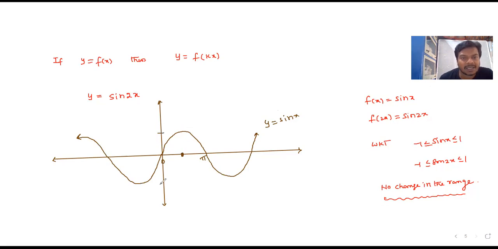But the range is same, right? Here 0. By substituting minus pi by 2, sine of minus pi becomes 0. 3 pi by 2 if you write as x value, 2 gets cancelled, sine 3 pi again becomes 0. At 0 also 0. So in the same range from minus 1 to 1, the graph of sine x exists in this way.